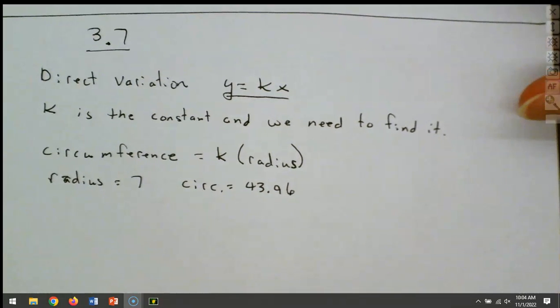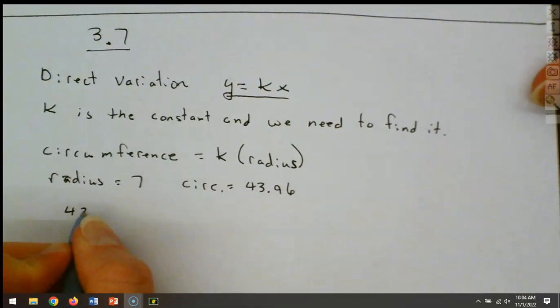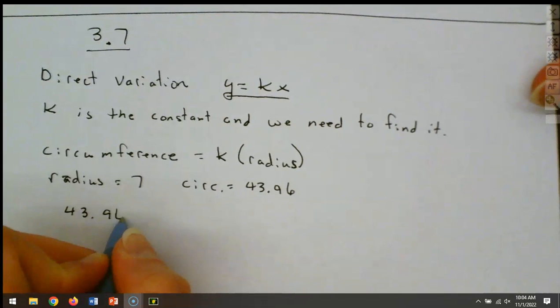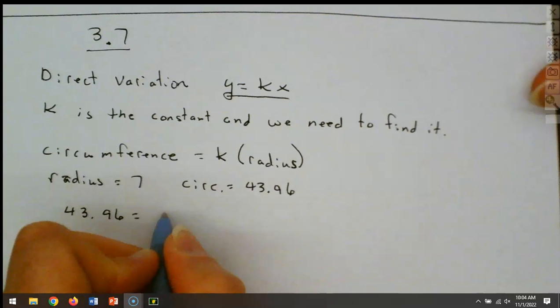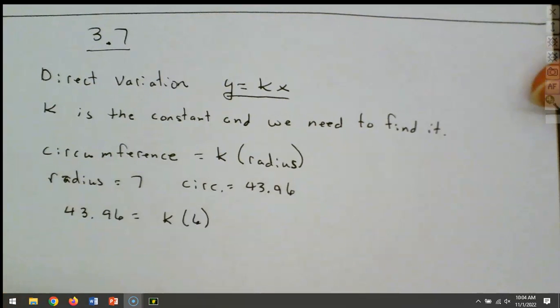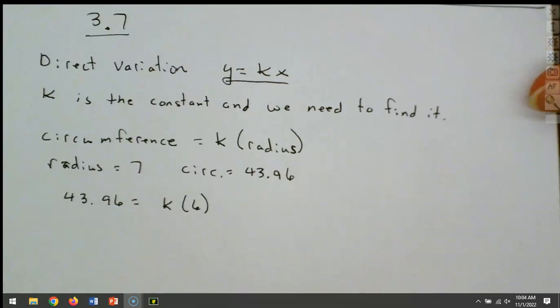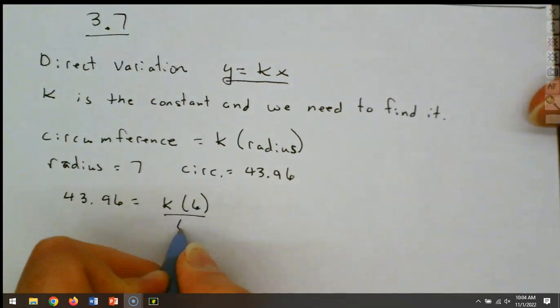Now we plug our values in and we find our k. So we come up with our equation, we plug the values in that they give you, and we find our k. So that's 43.96 equals k times the 6. And we want to go ahead and find our k. So we divide by our 6.